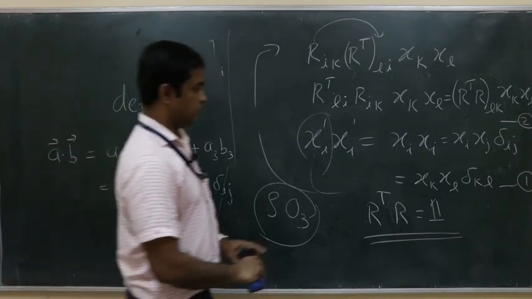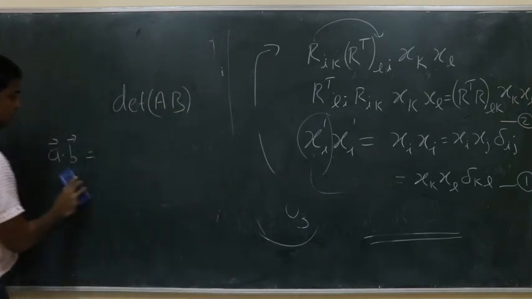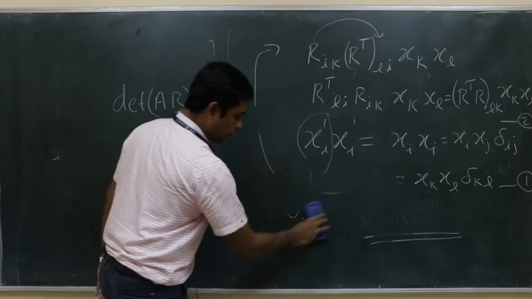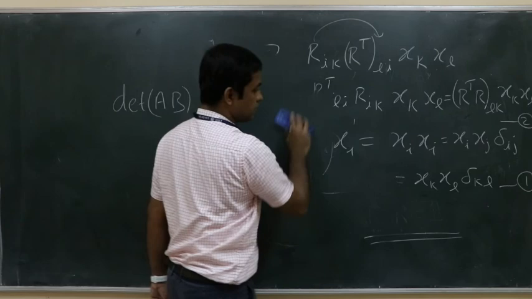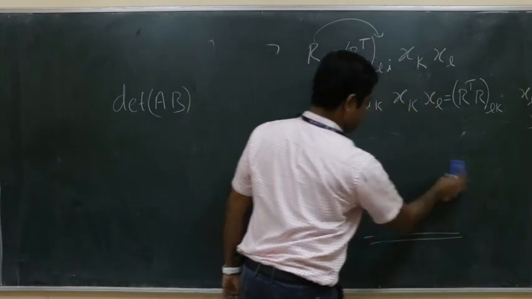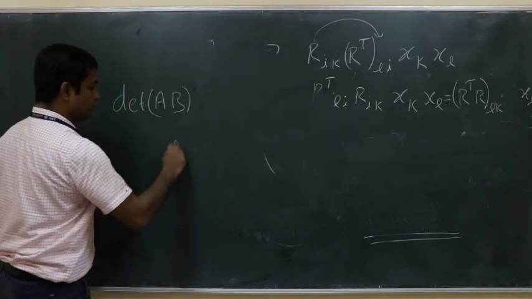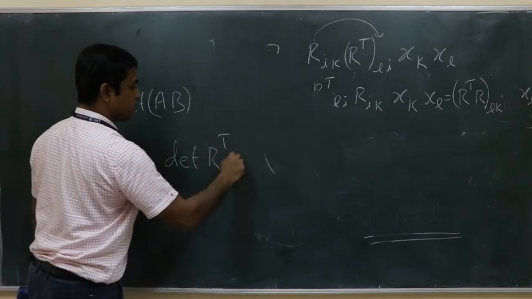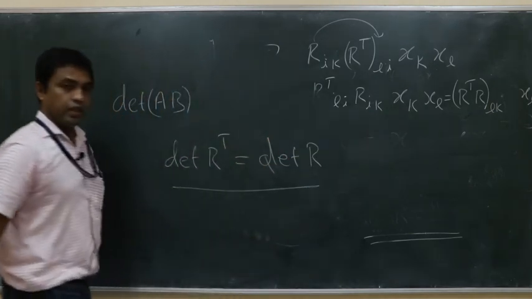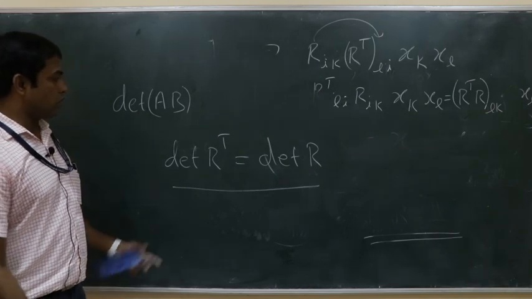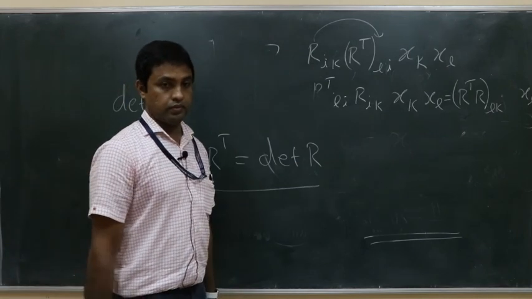Determinant A times determinant B. And the determinant of R transpose is the same as the determinant of R. So determinant of R into determinant of R. What is the determinant of the right hand side, the identity matrix? 1.